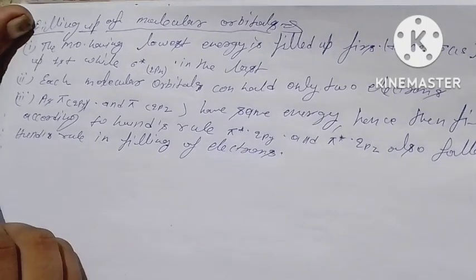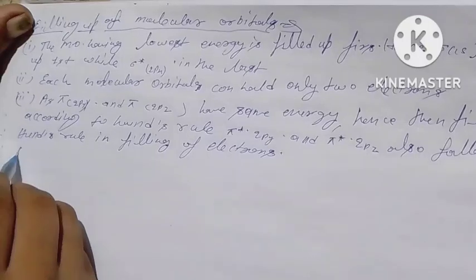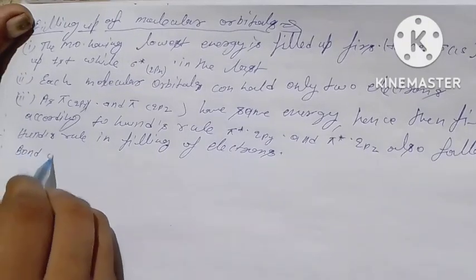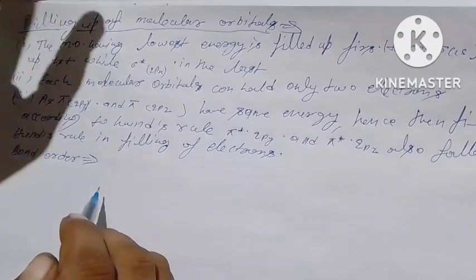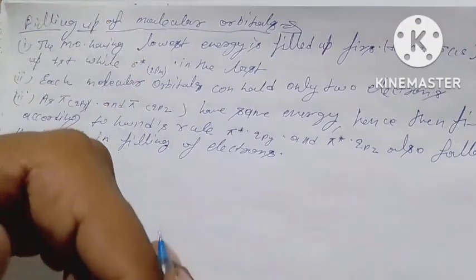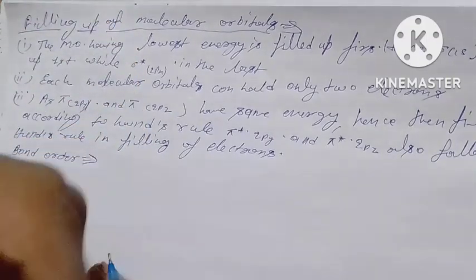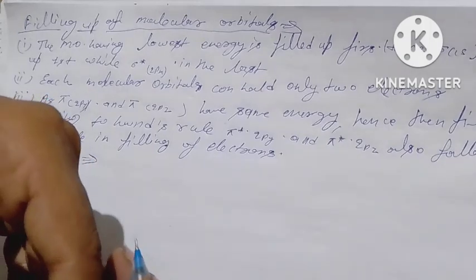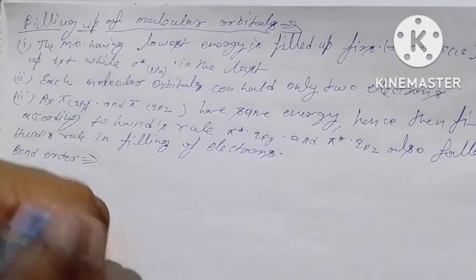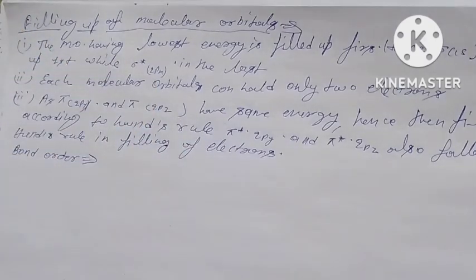Next is bond order. Bond order is the effective number of bonds between two atoms in a compound. It is also described as the number of covalent bonds in a molecule.